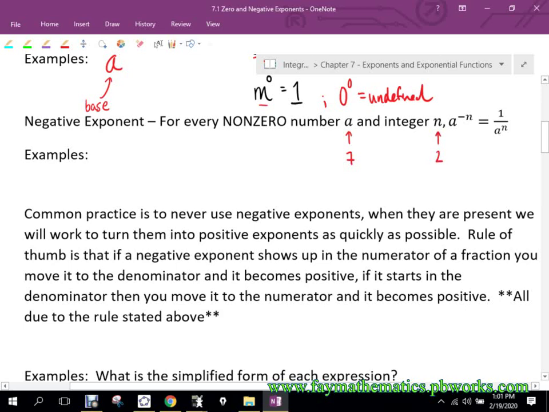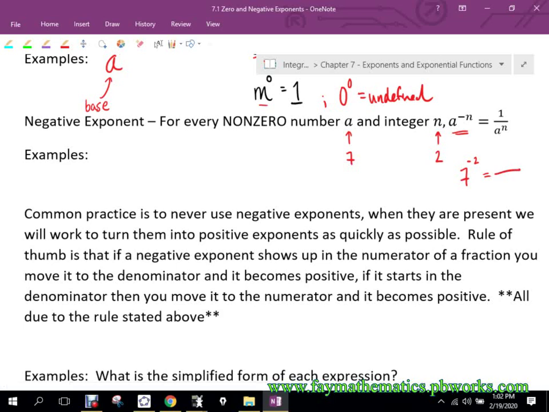Does that make sense? If I choose these specific values, what this A to the negative n is saying is that you're going to take 7 and raise it to the -2. Does that make sense, everybody? We cool with that idea? It is then equal to, so the whole practice here is ultimately that we don't like negative exponents.